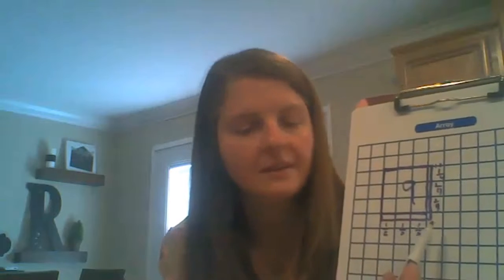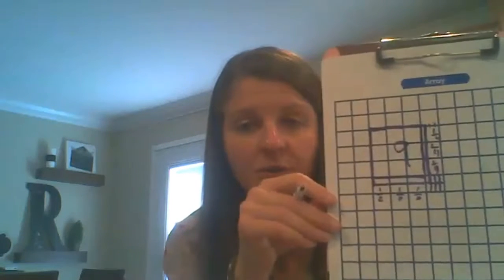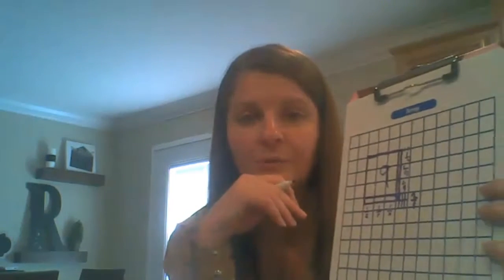And then we would look at that little section right there, and we would determine based on what we know and how we've split our other squares that this little section right here would be 1/8. And then we would put all of those numbers together, right? Well, I want us to look at it in just a little bit of a different way.